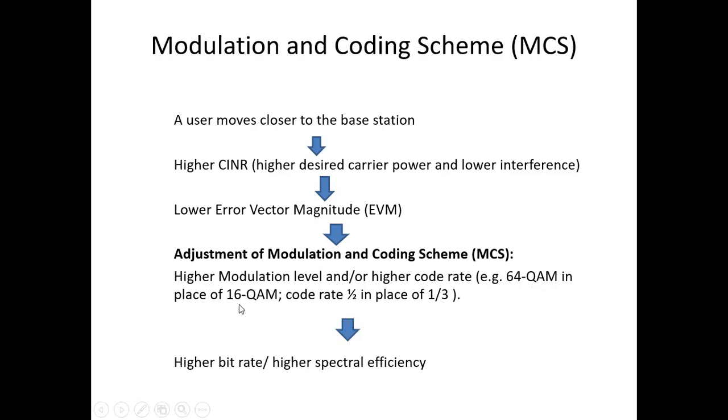So instead of 4 bits, you put 6 bits in a symbol. The data will be a lot higher, so you can enjoy that. Now it is all right because too many bits will not be in error. And the code rate you increase from 1/3 to half. So the modulation coding scheme is adjusted.